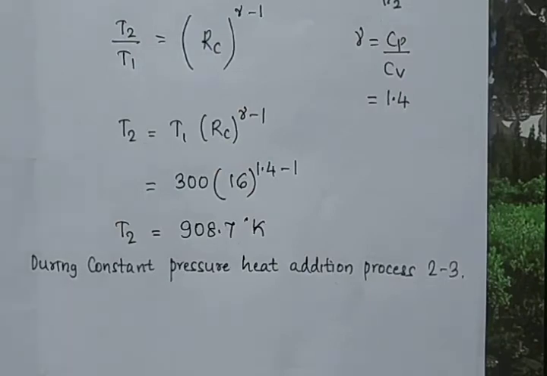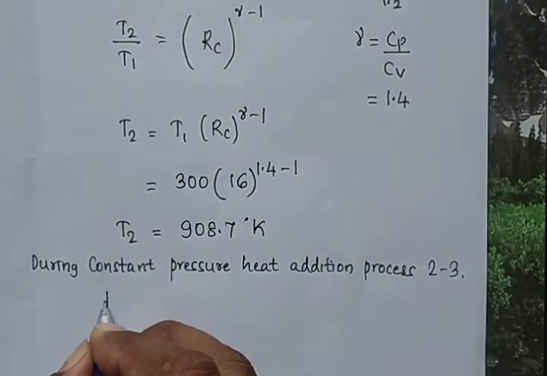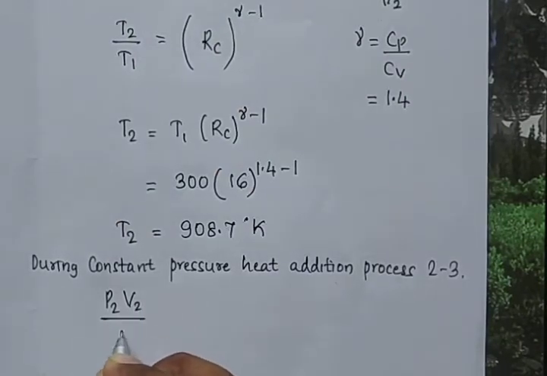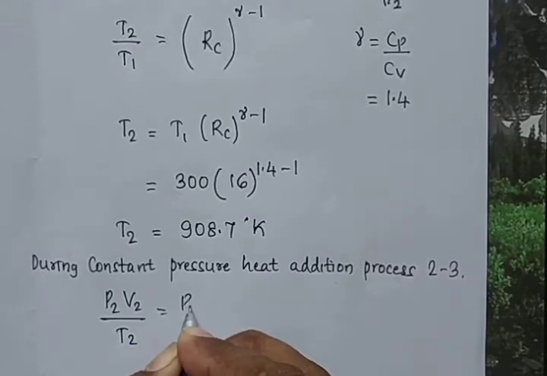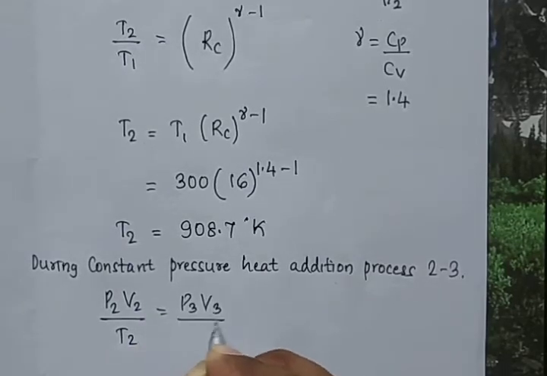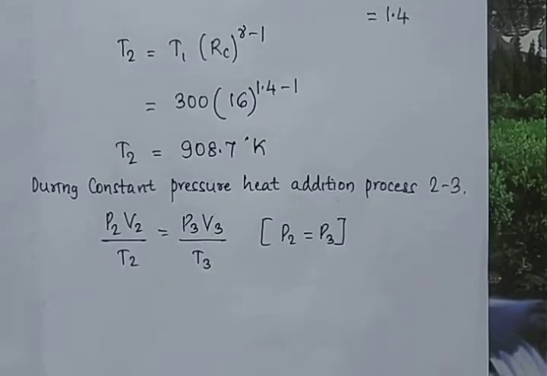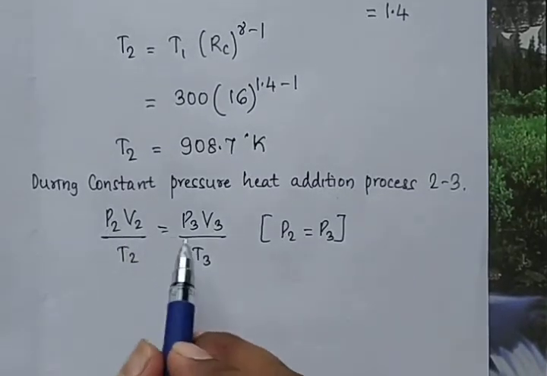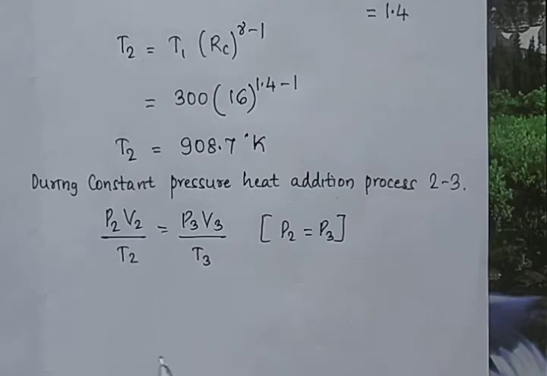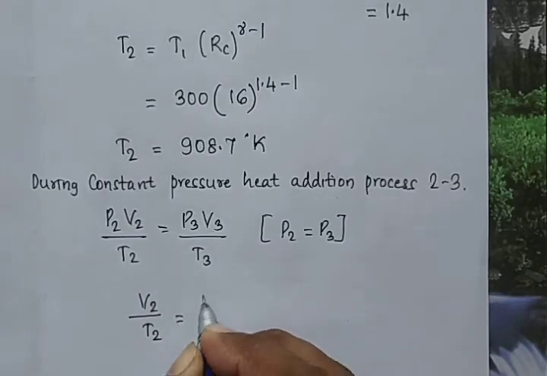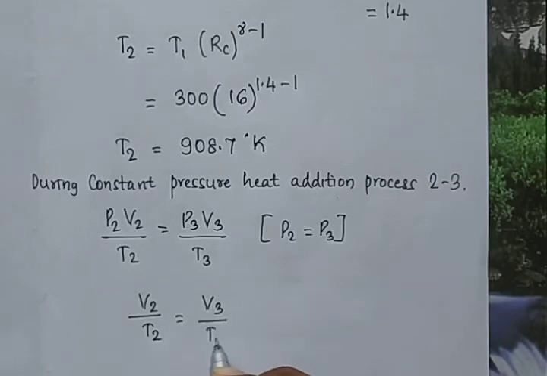So during this process, I can write the equation P2 V2 by T2 equal to P3 V3 by T3. Since it is a constant pressure process, P2 equal to P3, so P2 and P3 will get cancelled. I can write this equation as V2 by T2 is equal to V3 by T3.